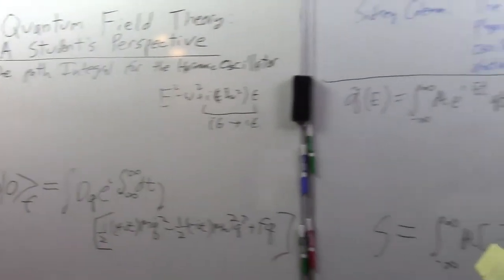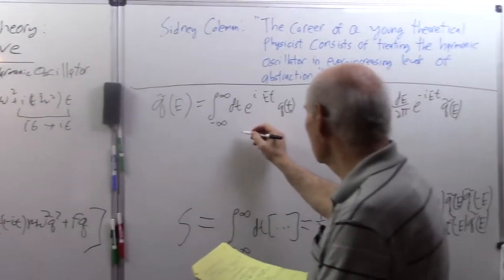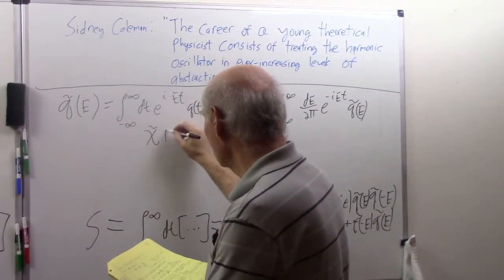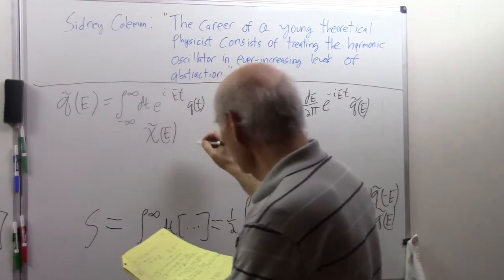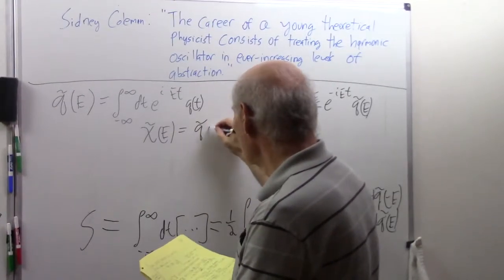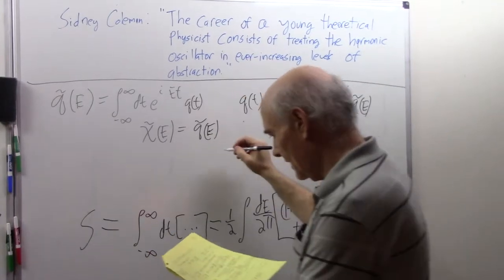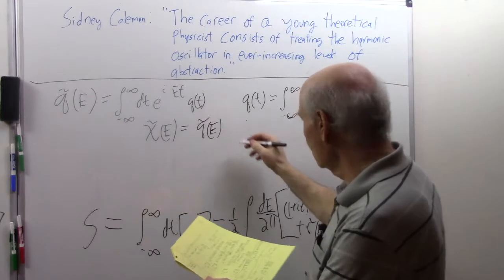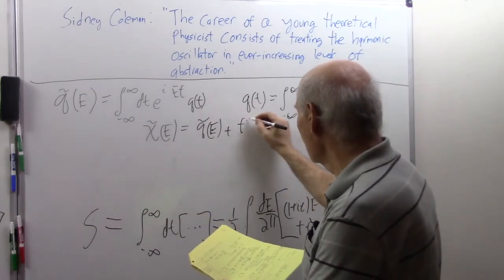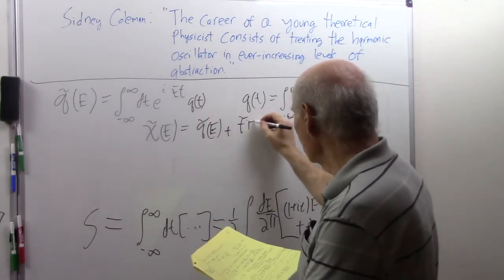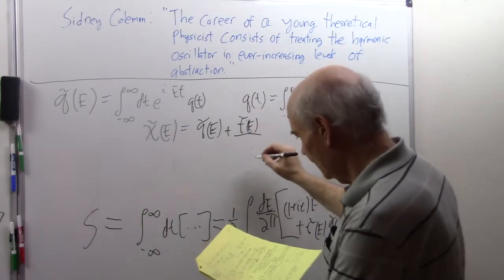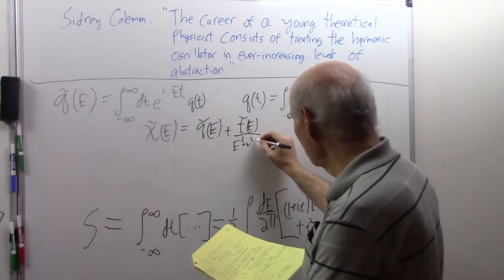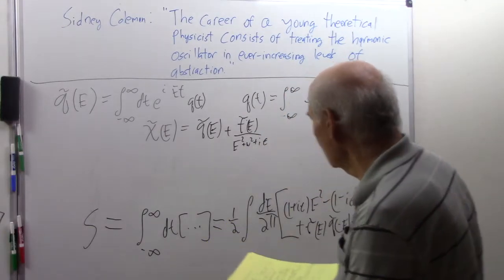So what we're going to do now is change our integration variable. We're going to complete the square. I'm going to introduce x tilde of E equal to q tilde of E. Actually, I'm not sure if this might be chi in the book. I'm just going to call it x, plus f tilde of E divided by E squared minus omega squared plus i epsilon.